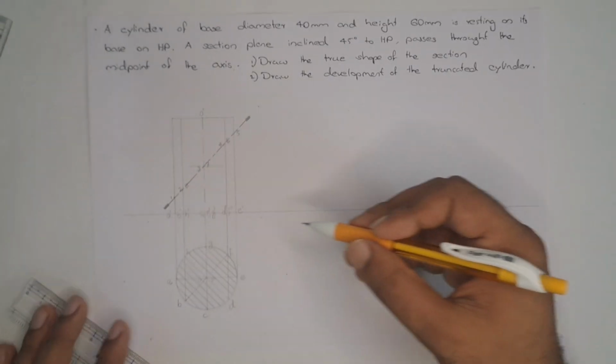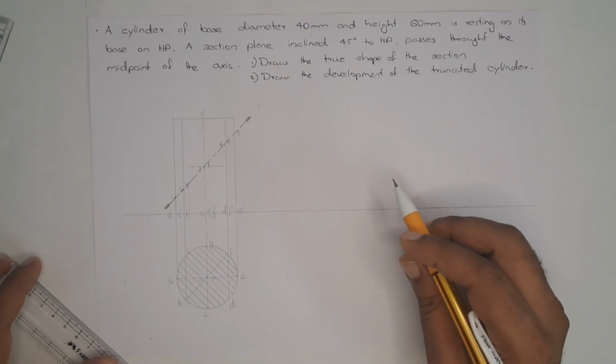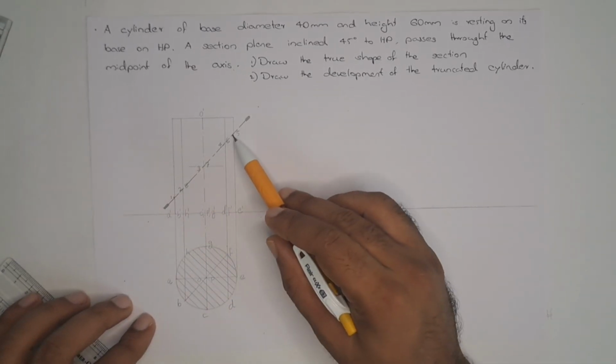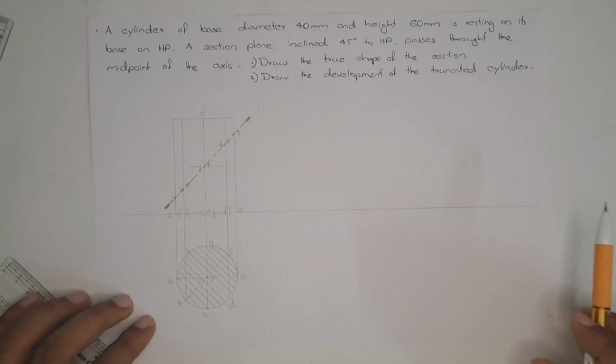So all the portions are covered. Now we have to draw the true shape of the section. So we have to take this length over here.